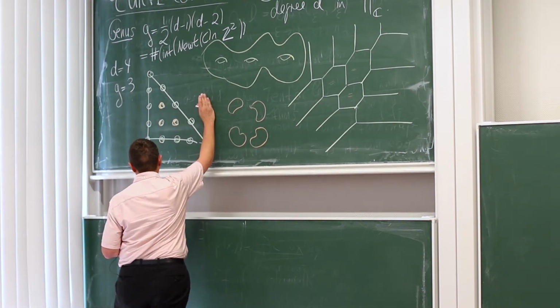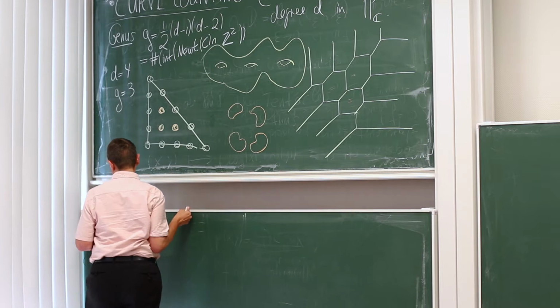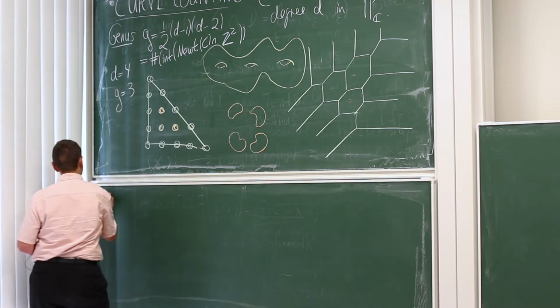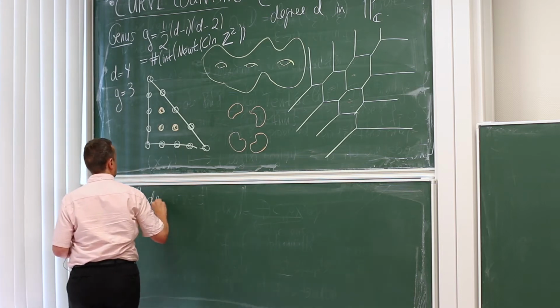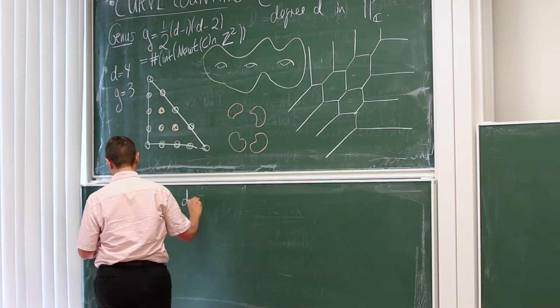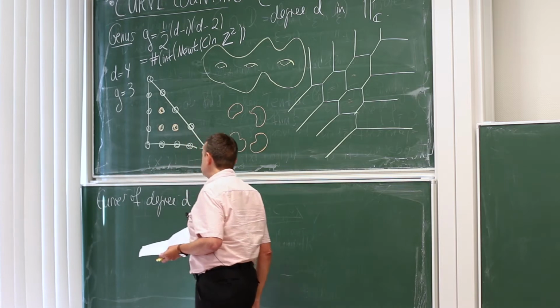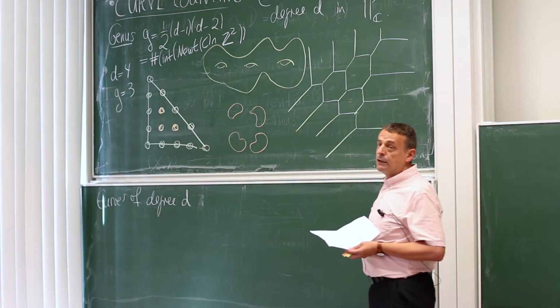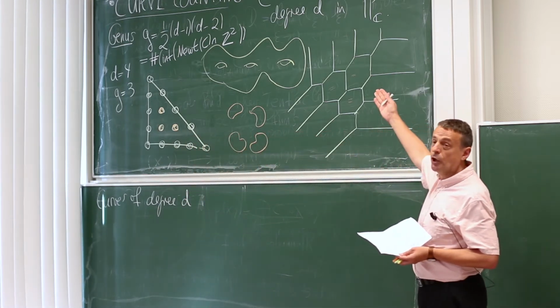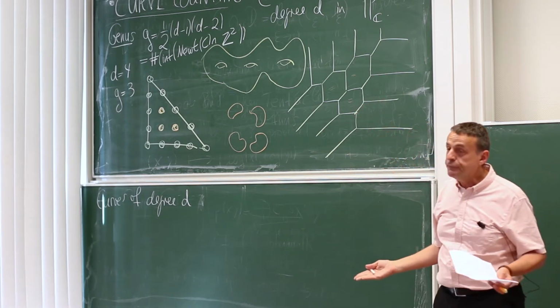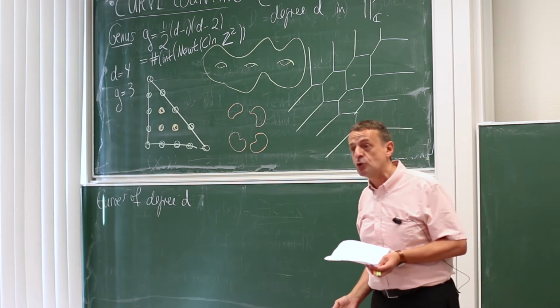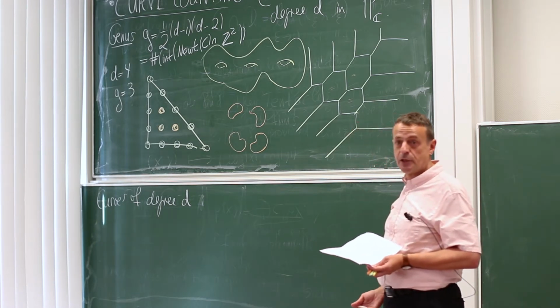Okay, now for general curves, we look at all the curves of degree d, then they themselves form a projective space, right? Quartic curves have 15 terms, and the 15 coefficients should be thought of as homogeneous coordinates on a projective space of dimension 14.